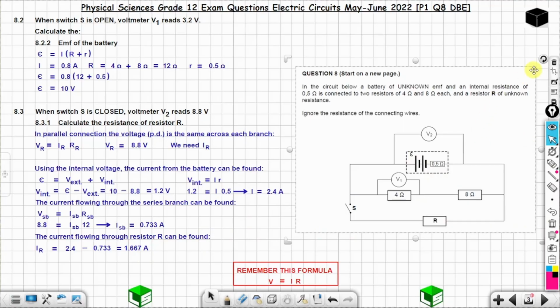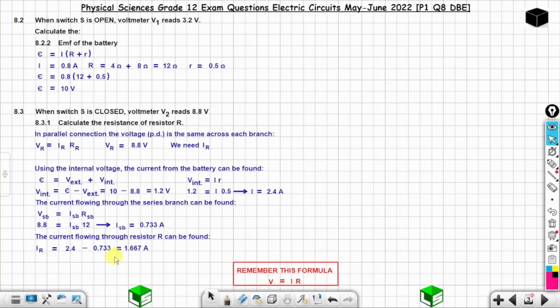Now you can find the resistance of resistor R using this formula. You have the voltage, you have the current.